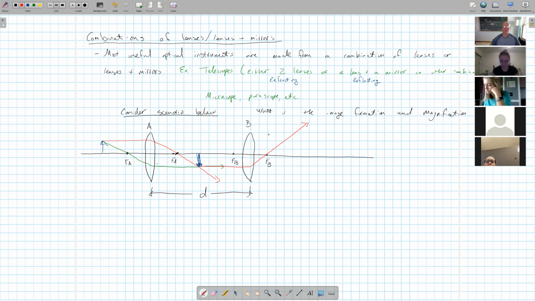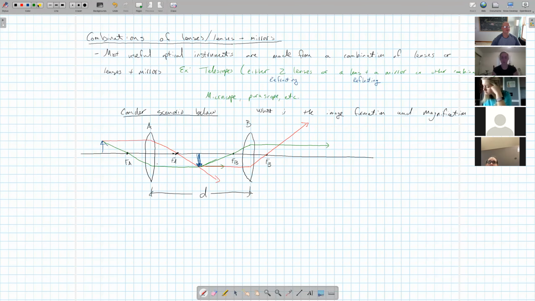Then ray number 2 goes through the focal point on the near side of the second lens, reaches the center of the lens, and gets refracted parallel to the principal axis.